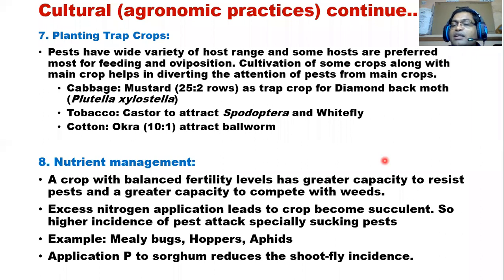And also they recommend that you go for organic amendments with balanced nitrogen. Also, if you apply more fertilizer, the weeds will compete with your main crops.